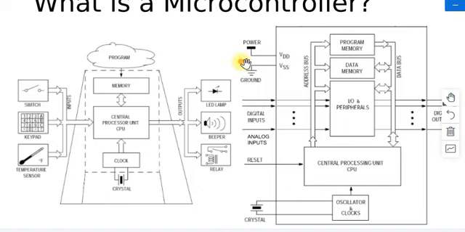Whereas in a microprocessor, the chips are different, so it becomes large in size. So a microcontroller is basically a single chip device, you may say, a standalone system.